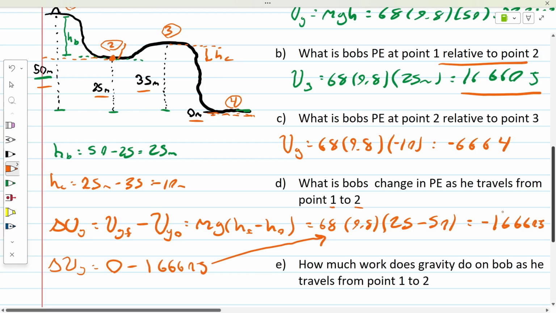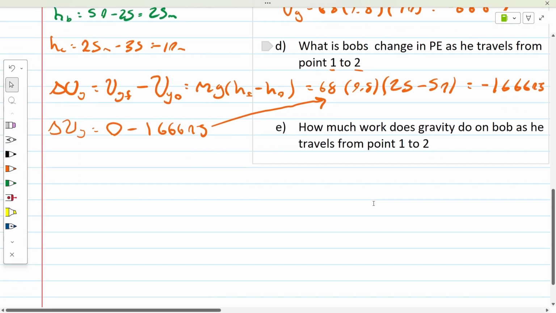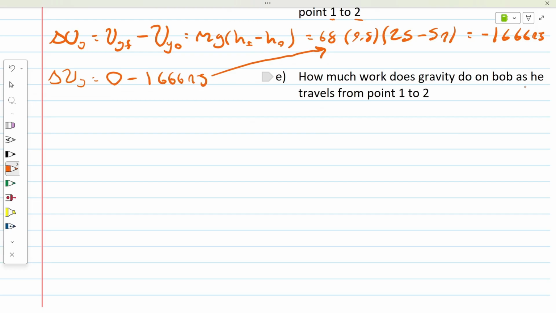So now let's do this last problem here. How much work does gravity do on Bob as he travels from point 1 to point 2? If we want to solve this using our normal work equation, work equals force times distance, we can do this because the force acting on Bob by gravity is just Fg times the distance.